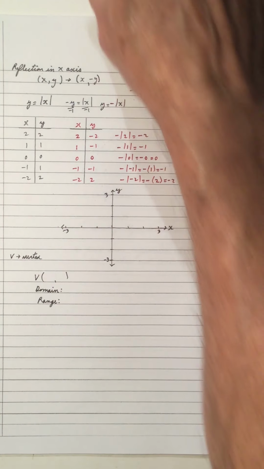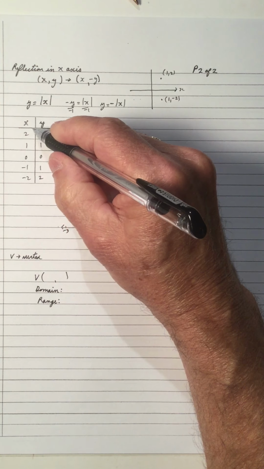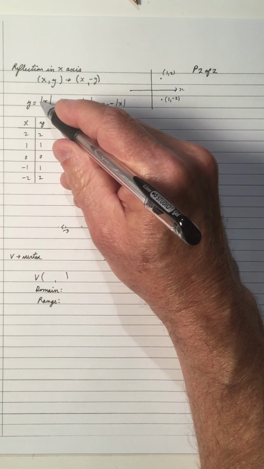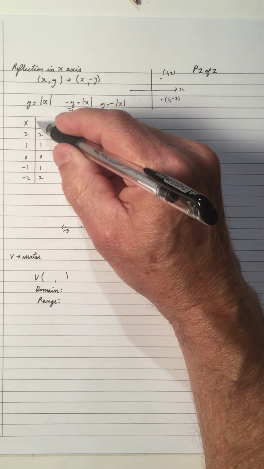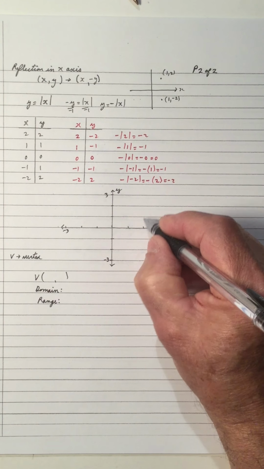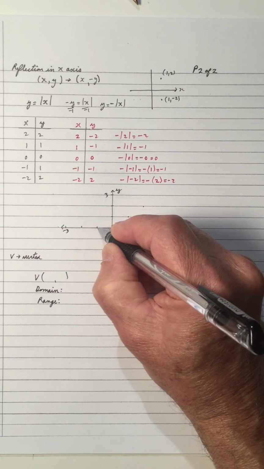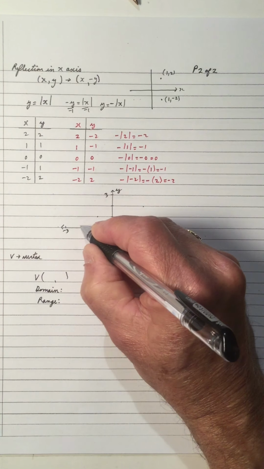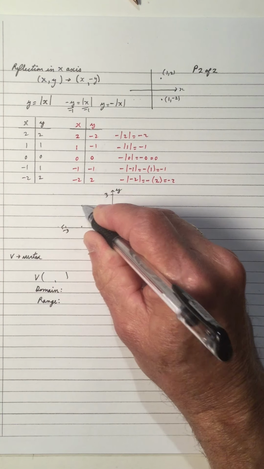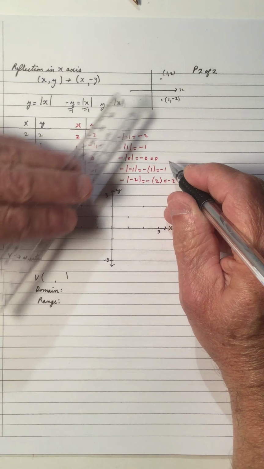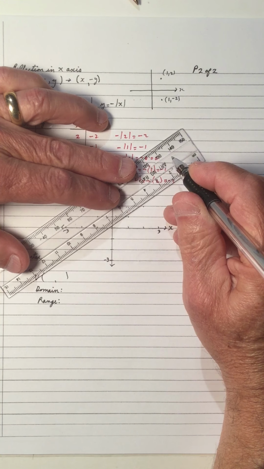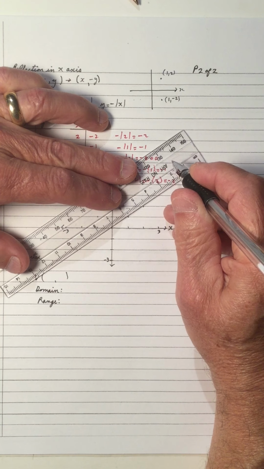So first of all, let's graph the basic table, the basic equation. So 2 is 2, 1 is 1, 0, 0, negative 1, 1, negative 2, 2. So this is the graph of the basic equation, or the parent equation.